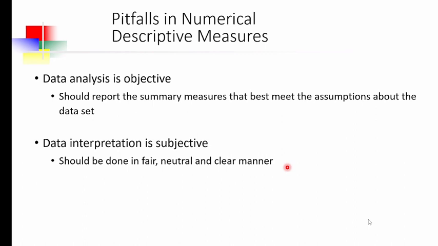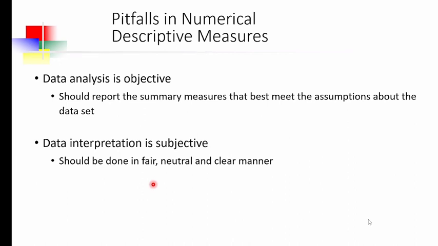Clearly, you have to put your words. Right? When you are writing your interpretation, it should be easy to understand what you are trying to tell. And also, that should be fair. That means you have to put your figures. Without figures, don't write your interpretation. Right? What are the actual figures you are getting?